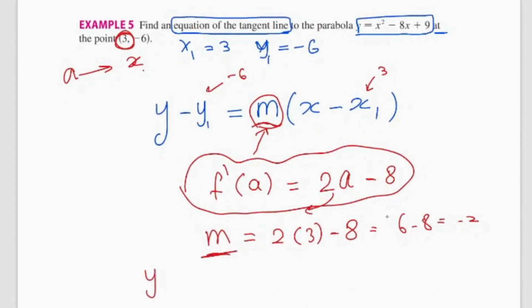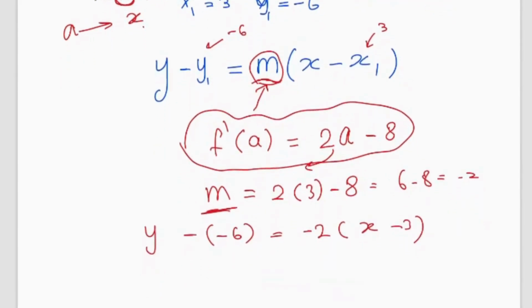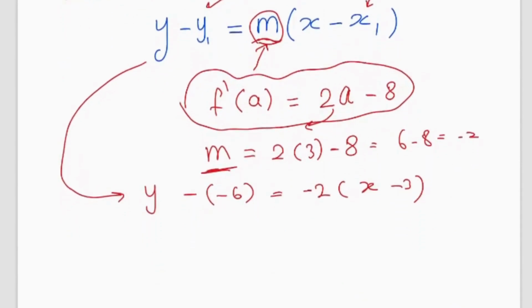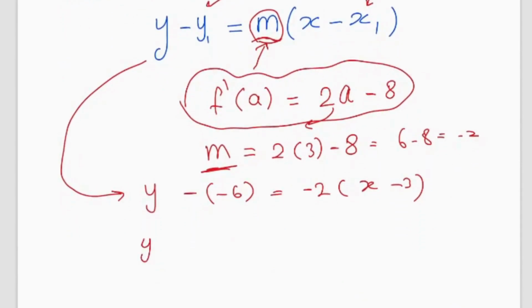Finally, y minus negative 6 is equal to negative 2 times x minus 3. So y plus 6 is equal to, distributing, negative 2x plus 6.